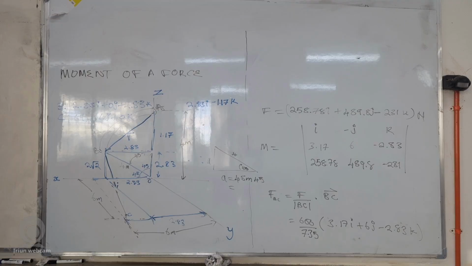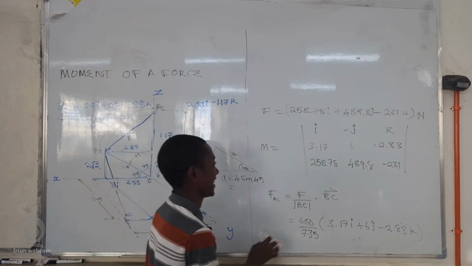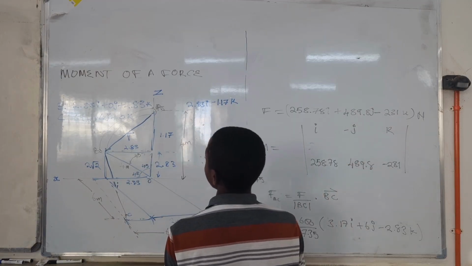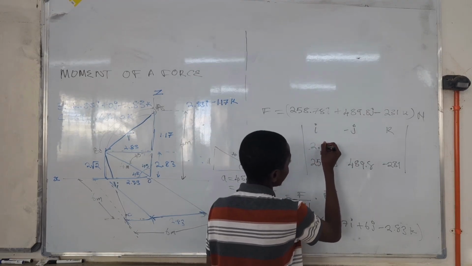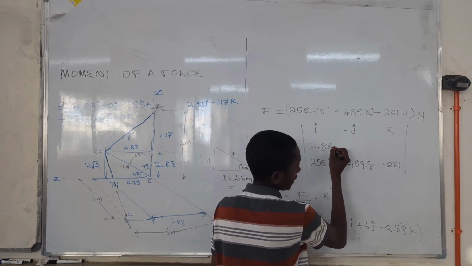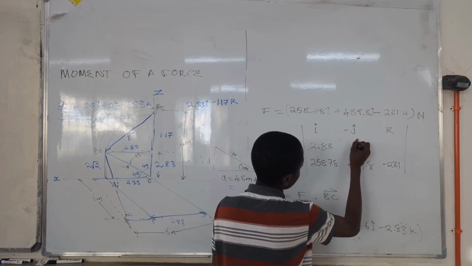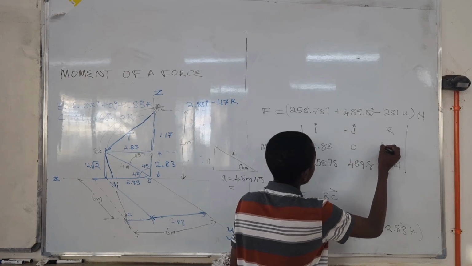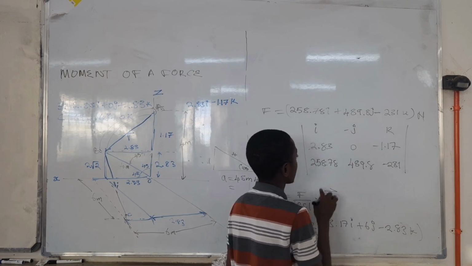Isn't that our R? What was our R? 2.83. Then we had 0 here. Negative 1.17. Is this right?